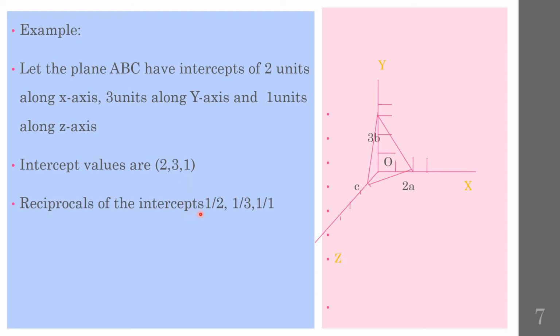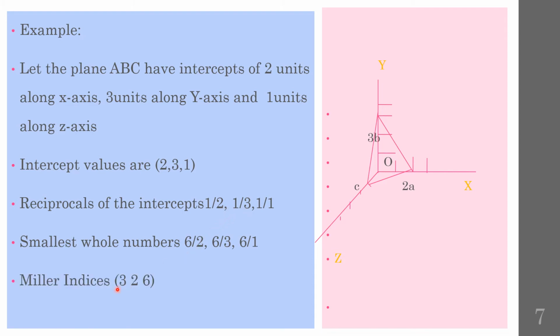We will take the reciprocals of the intercepts as 1/2, 1/3, 1/1. So the LCM will be 6. So multiply all these reciprocals by 6. We will get the Miller indices as 3, 2, 6.